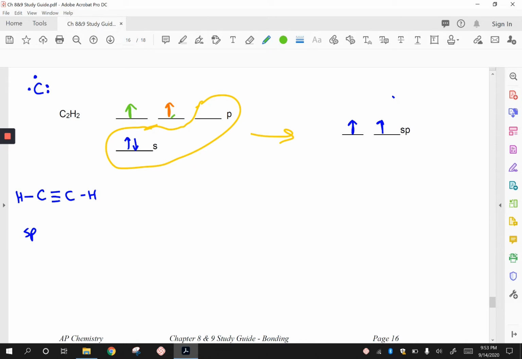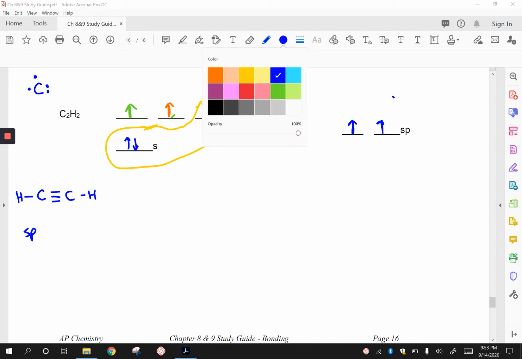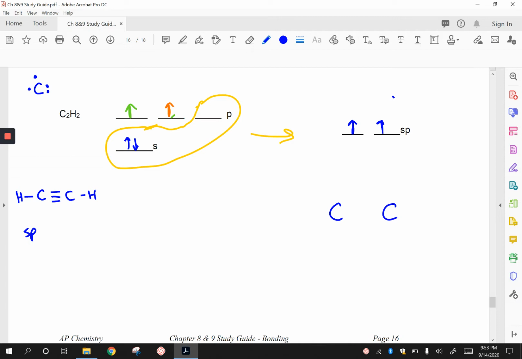So let's draw what that looks like in terms of the structure. So we have 2 carbons. Each of those carbons have 2 sp orbitals. Remember, sp orbitals, any mixed orbitals of s and p, kind of look like this, like a hybrid, a mix between an s and a p. So for this carbon, here's the first one. Here's the second one. For this carbon, here's the first one.